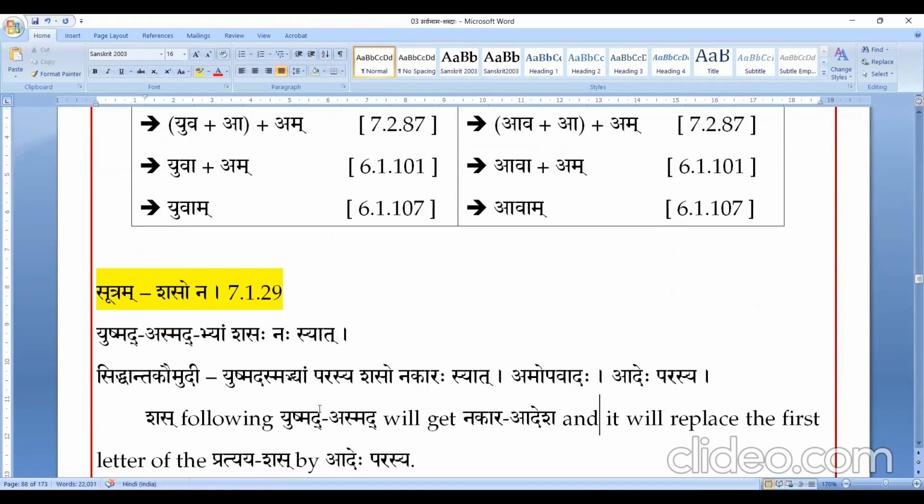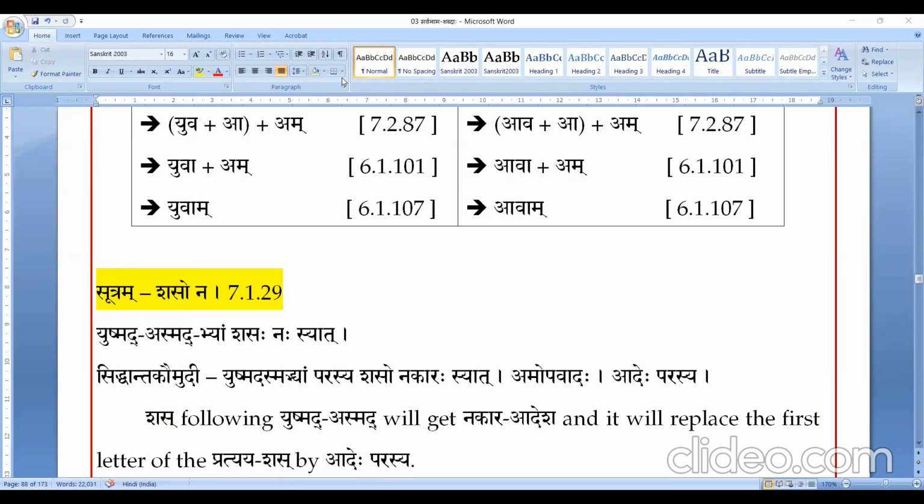Okay, then the next one, Shas. When Shas Pratyaya follows, 7.1.29: Yushmadasmadbhyam Shasaha Na. Nakara will be the Adesha. When the Shas Pratyaya follows Asmad and Yushmad, then we will get Nakara Adesha. Shasaha is Shashti Vibhakti, and Yushmadasmadbhyam is Panchami.